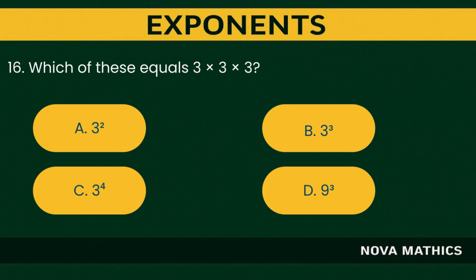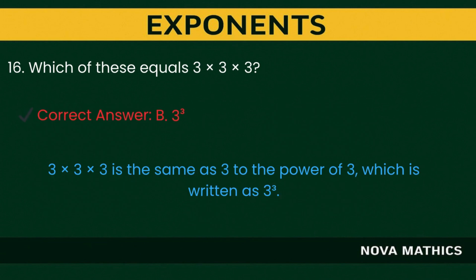Which of these equals 3 times 3 times 3? Correct answer is B. 3 times 3 times 3 is the same as 3 to the power of 3.